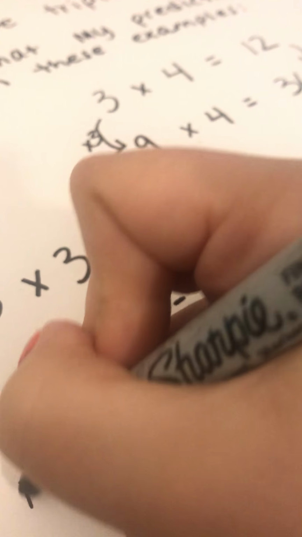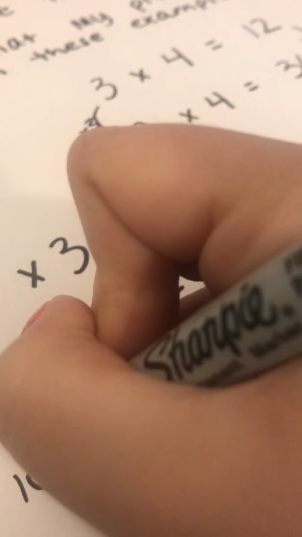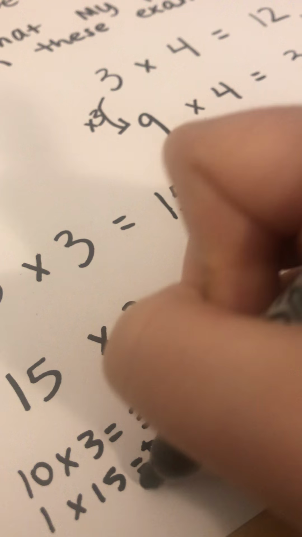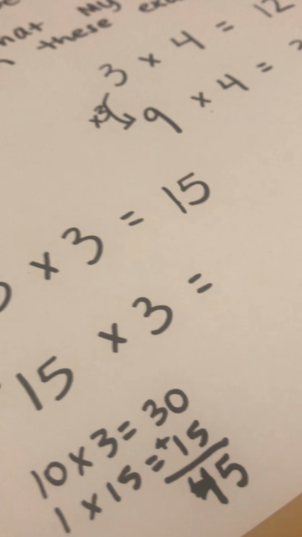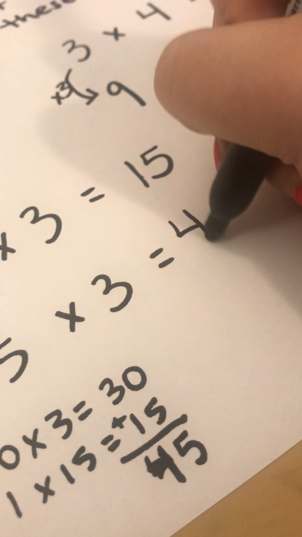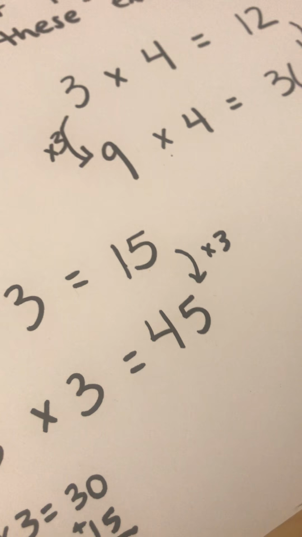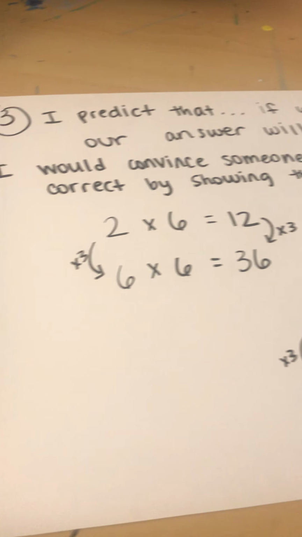I do know 10 times 3 equals 30. And I know 5 times 3 equals 15. I can just add these together and get 45. So 15 times 3 is 45. So that would work. Okay?